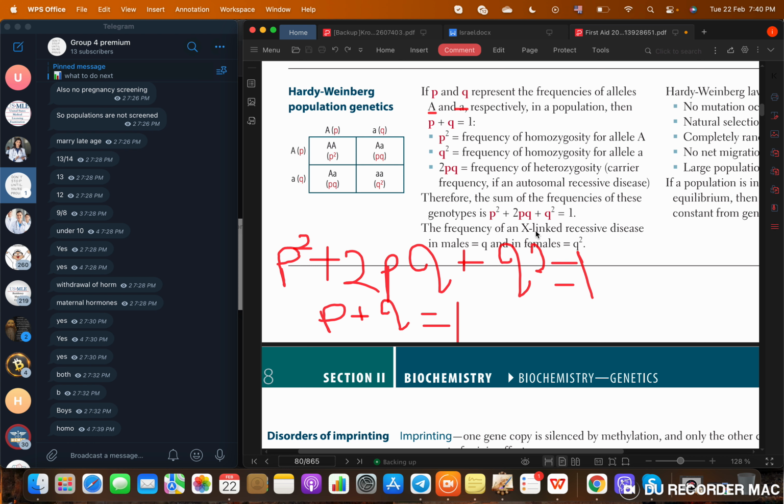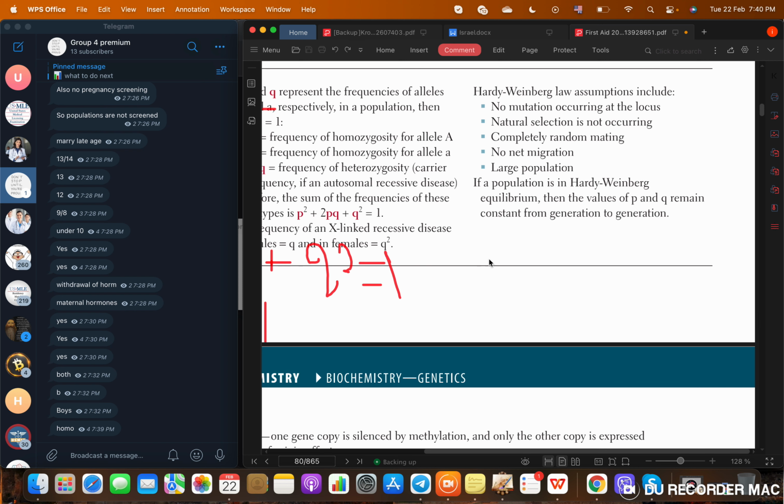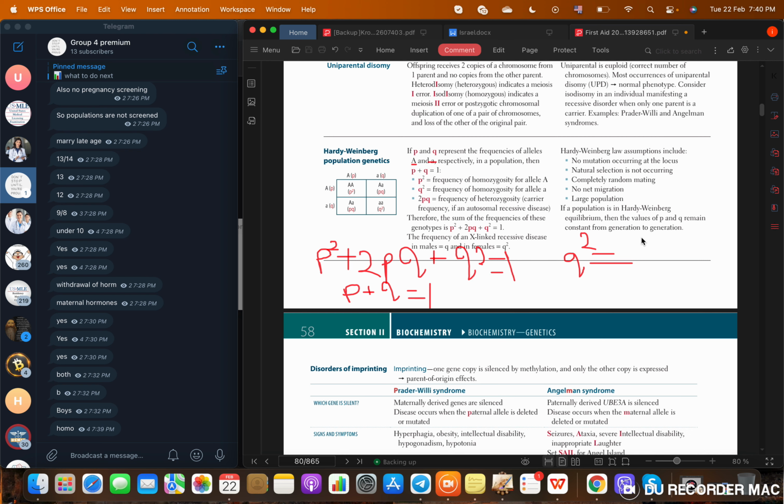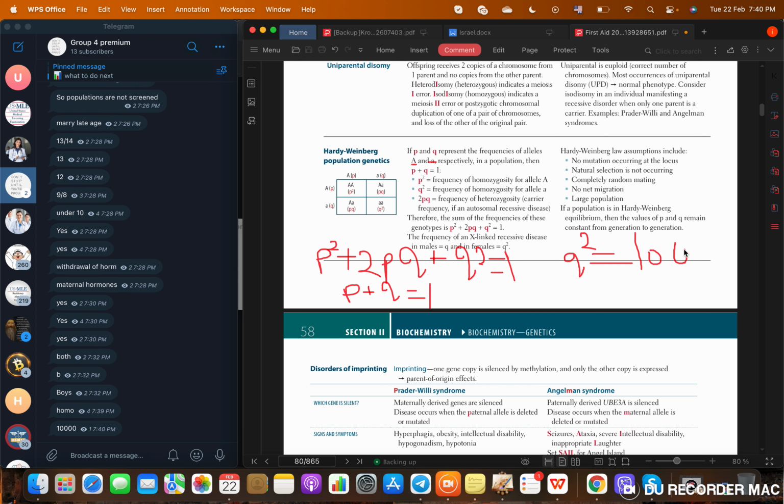And they ask you, in this population, what is the frequency of carriers? So carriers is this thing, right? They are asking us about the frequency of the carriers, and they give us the Q to the power 2. How much was the Q to the power 2? I told it to you, which was how many sick people do we have? 10,000.